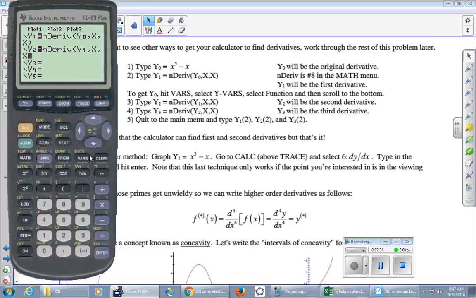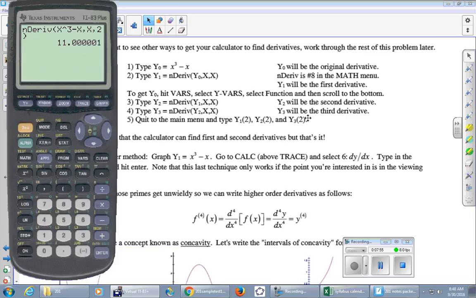So there's your second derivative. And then one more time, math 8, arrow over, enter, and nope, that's not right. Let's try that again. Arrow over, enter. So now we want the derivative of y2, comma x, comma x. Okay, so then we've got all our derivatives there, first, second, and third derivative typed out.